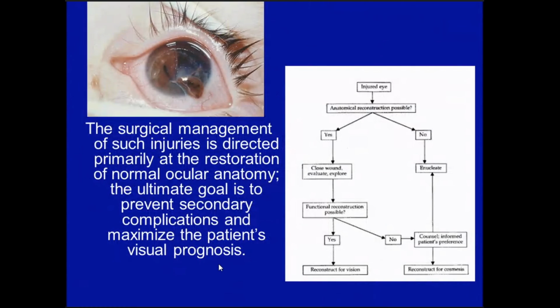In a special ophthalmological department, of course, we should make the surgical operation to prevent difficult complications, and the purpose of our treatment is to save the eye's anatomical structure, and if possible, to save visual function.